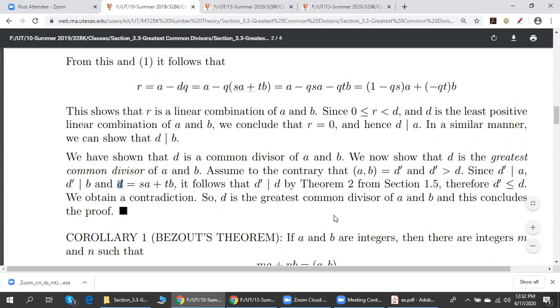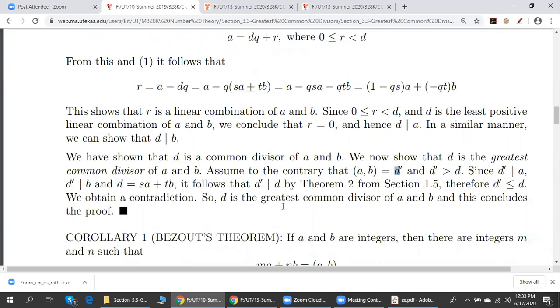We got a contradiction. D prime is greater than D, and D prime divides D. Cannot be. Therefore, what is written here is false. Therefore, the greatest common divisor is lesser or equal to D. So D is actually the greatest common divisor.